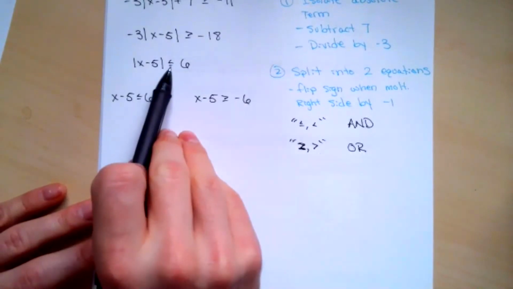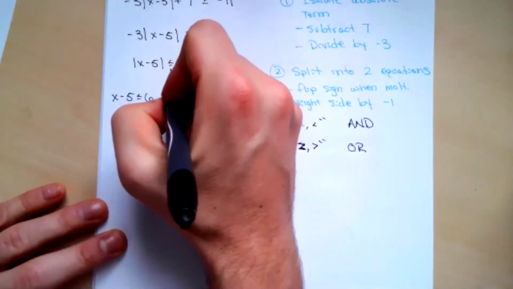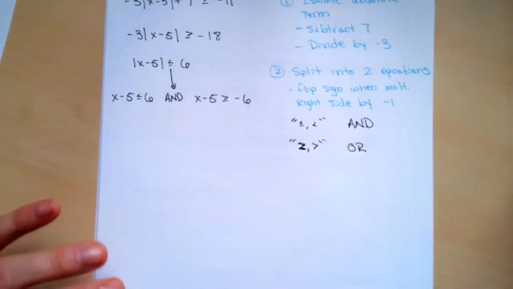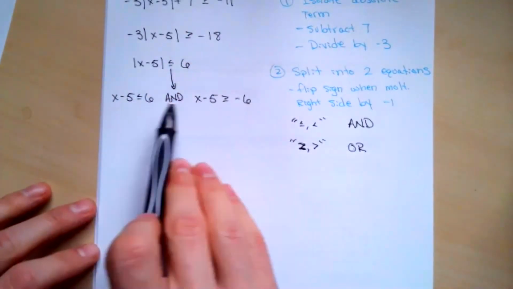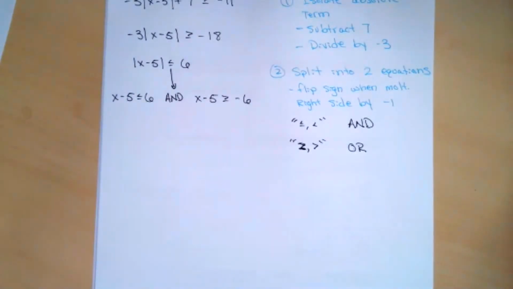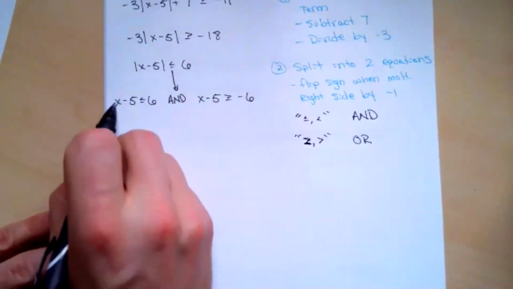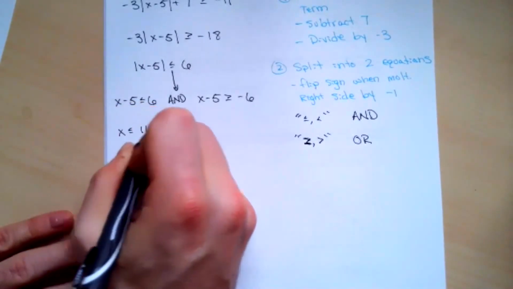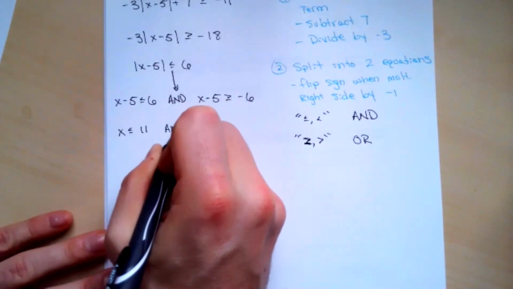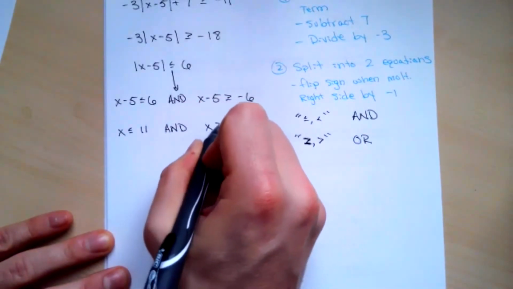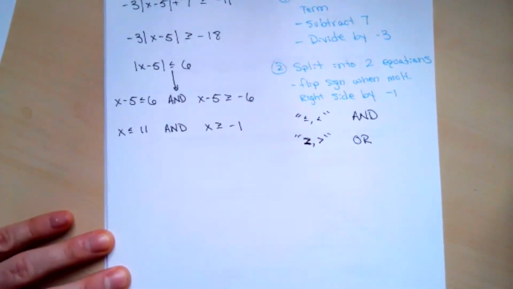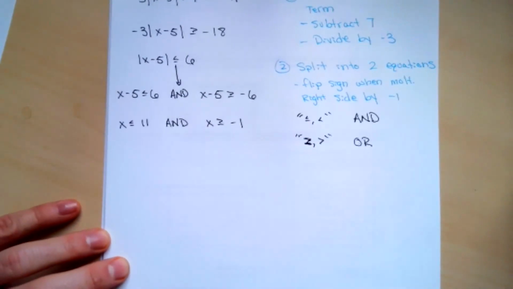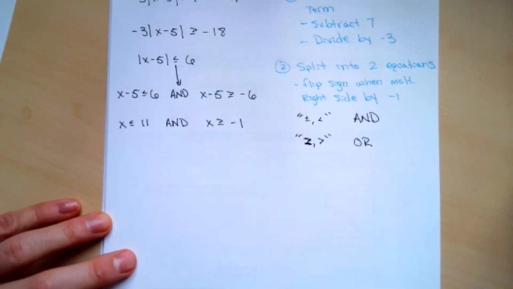So because we had a less than here, we need an and. So we're looking for the overlap. Both of these things have to happen simultaneously. So when we solve, we will add 5. x is less than or equal to 11, and x is greater than or equal to -1.